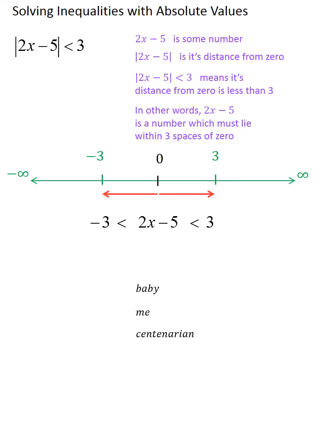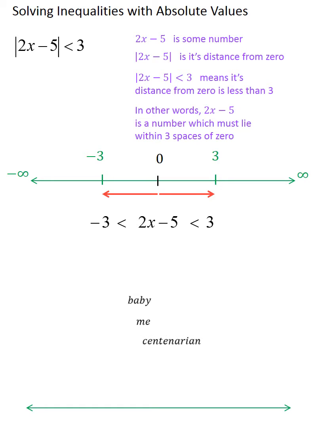Now, if we were to put these three individuals on a number line from youngest to oldest, obviously, this is what we would have. You, your age, would be between the baby and the centenarian. I think we could all agree that this is true for you, but likewise, this is also true. In other words, the baby is younger than you, and you are younger than the centenarian.